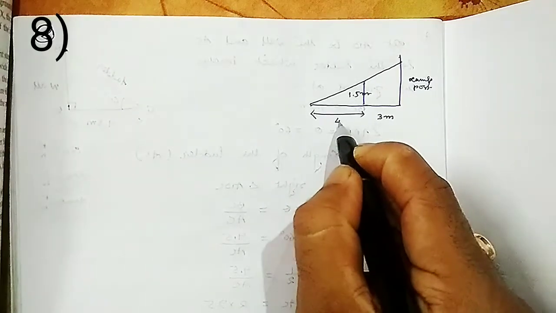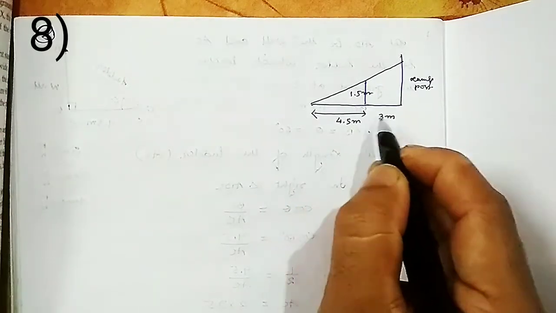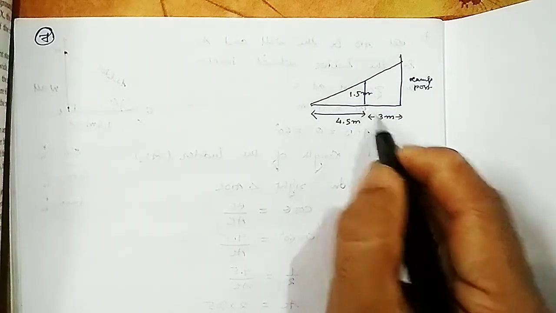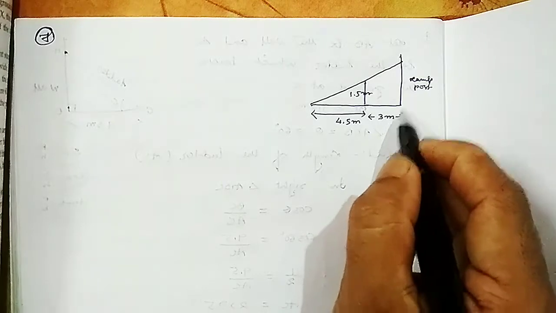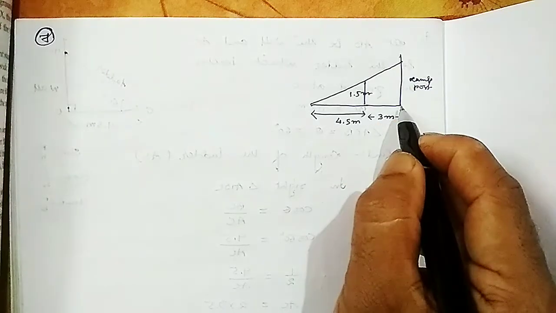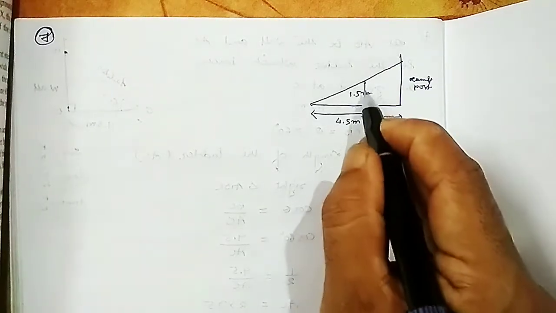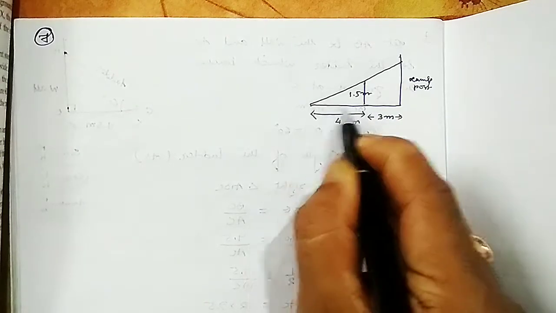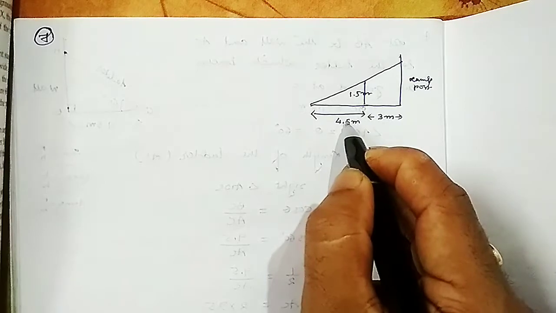Okay, this shadow is 4.5 meter. Let me repeat the question. A 1.5 meter tall boy stands at a distance of 3 meter from the lamppost. This is the lamppost, and this boy is casting a shadow of length 4.5 meter. So from here to here it is 4.5 meter on the ground.